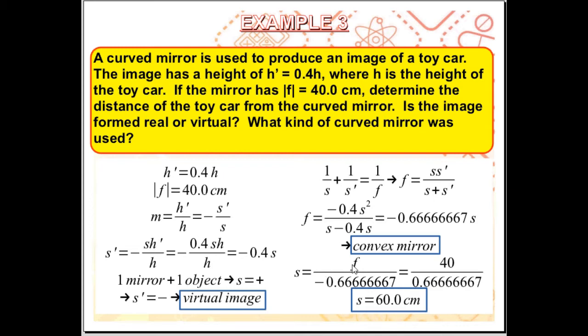So substituting f with negative 40, negative 40 divided by negative 0.666, so cancel out the negative sign. 40 divided by 0.666 and so on, we can calculate s, the object distance, to be 60.0 centimeters. The object is 60 centimeters from the curved mirror. So you have a virtual image, convex mirror, and object is 60 centimeters from the mirror.